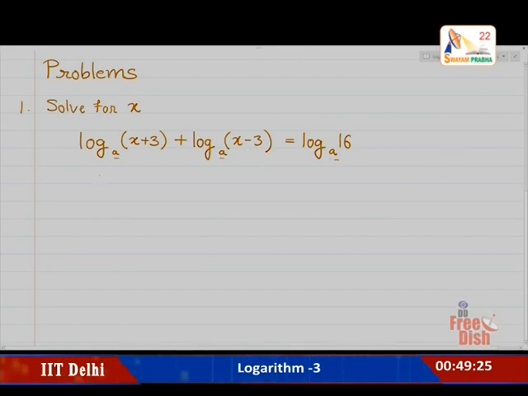If I use multiplication rule, this will play the role of m, this will play the role of n, then this is log to the base a of m plus log to the base a of n, which is in fact equal to log to the base a of m into n, which is x plus 3 into x minus 3, which is also equal to log to the base a of 16.